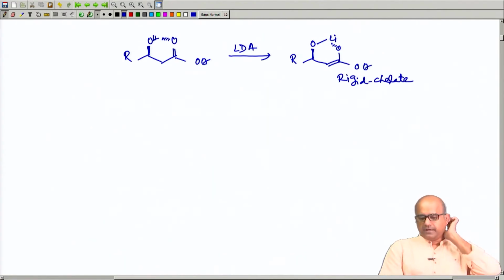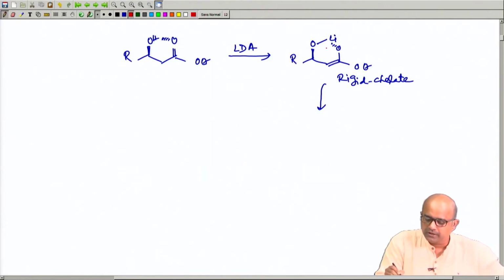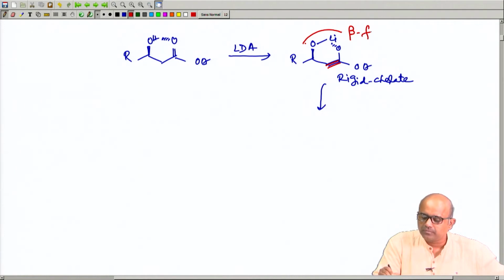Now, in this rigid chelate, you see that the rigid chelate with oxygen basically blocks the beta face of the enolate. So, the enolate is this face, and your entire chelate. So, the beta face is blocked.